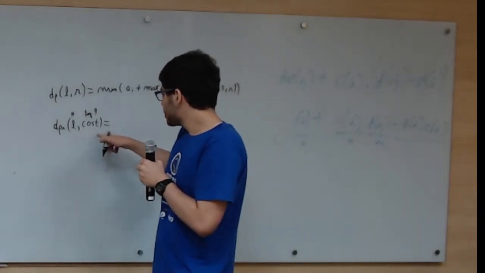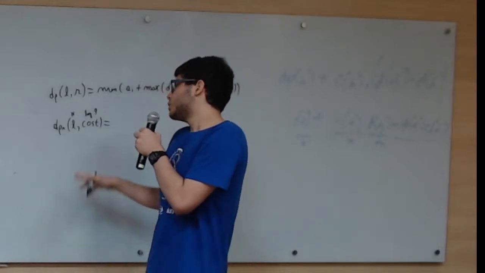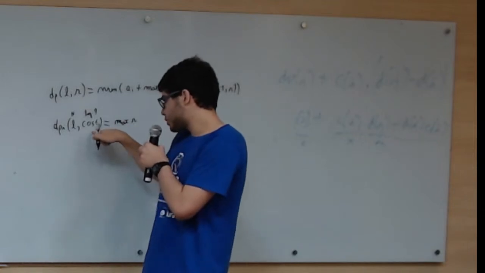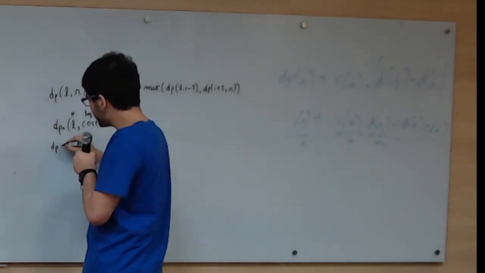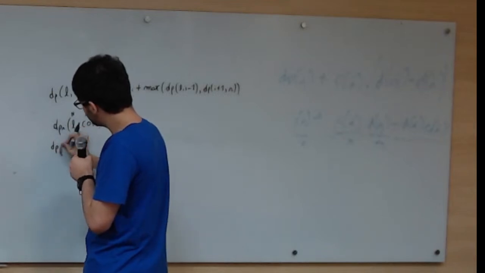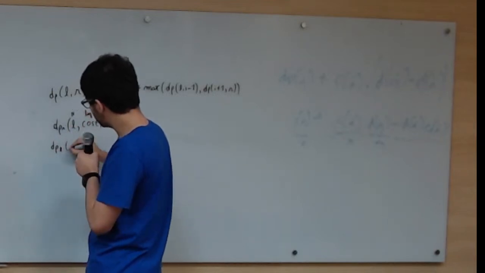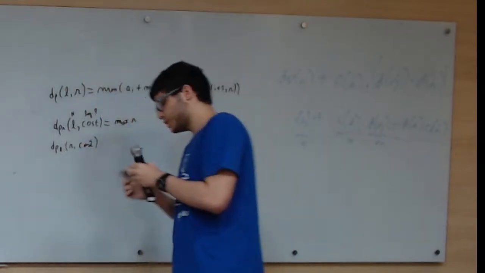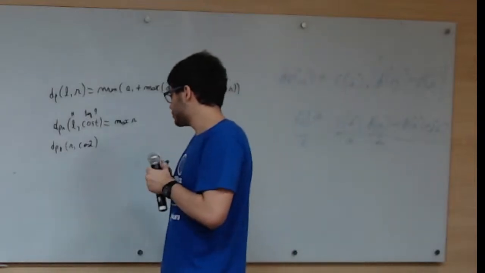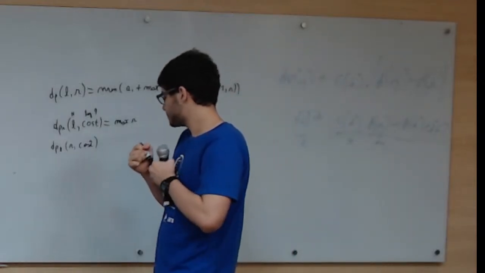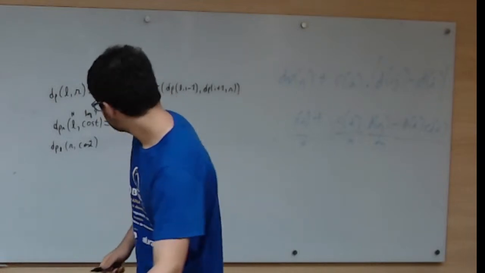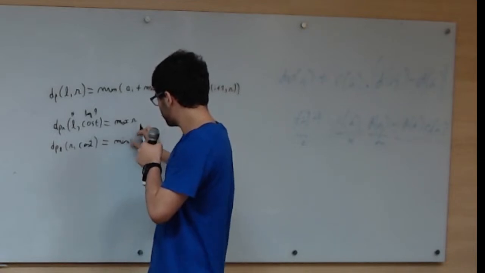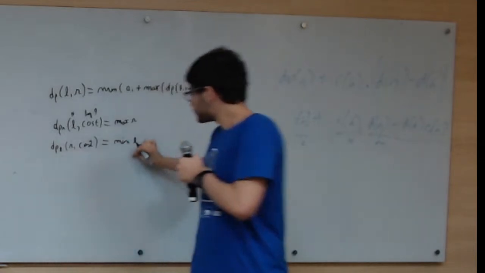So DPR[L][cost] will be the maximum R that you can reach spending at most cost, and you do the same thing to the left, DPL[R][cost].